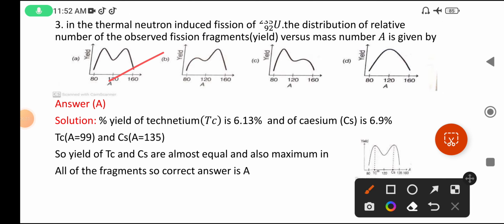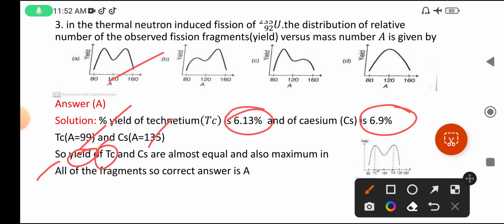How is it A? The percentage of technetium is 6.13 and cesium is 0.69 percent. Technetium has A = 99 and cesium has A = 135.